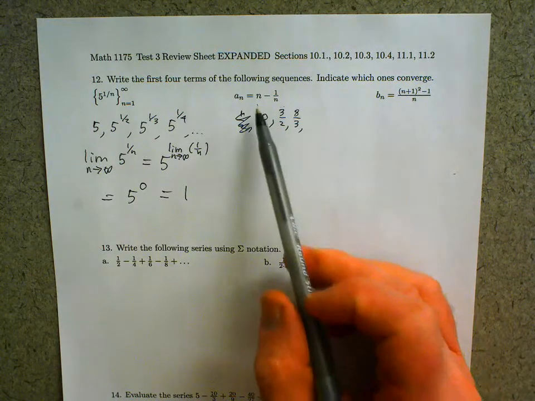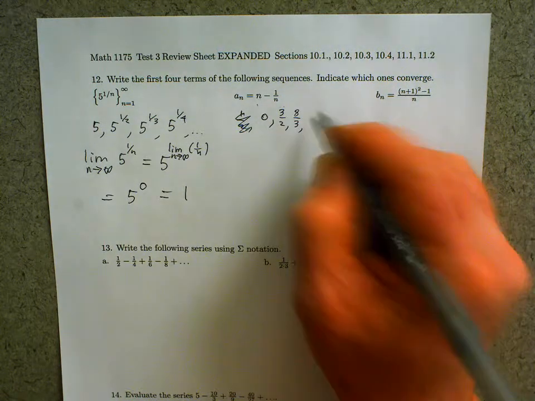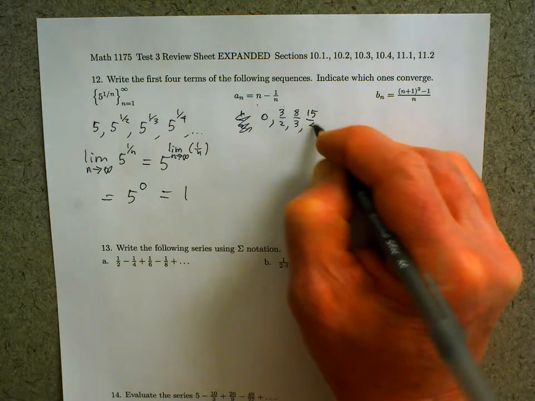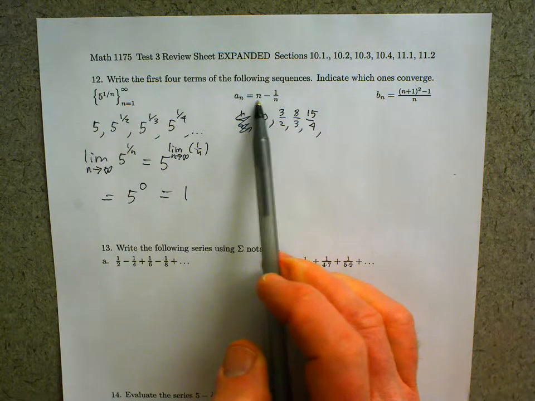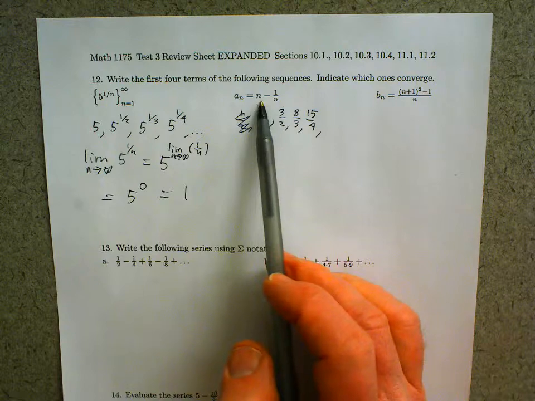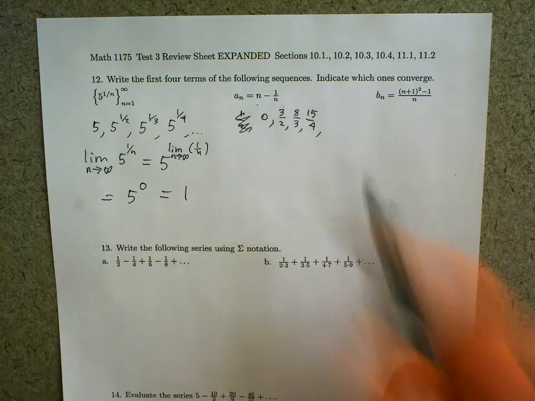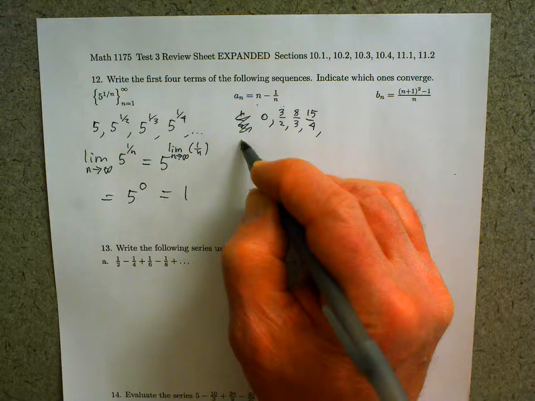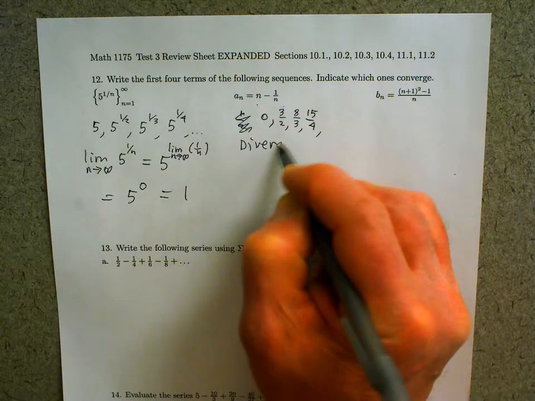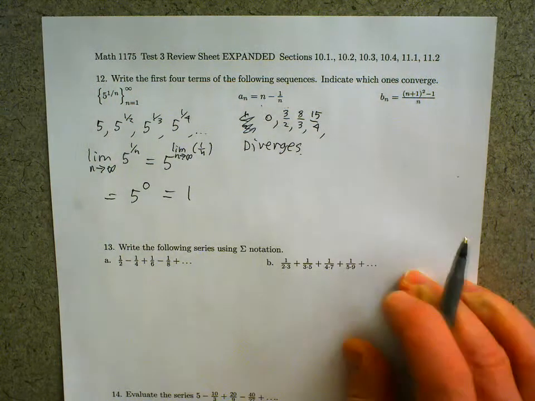When n is 4, 4 minus 1/4 is 15/4. And we can tell as n goes to infinity, n minus 1/n goes to infinity, so the sequence diverges to infinity.